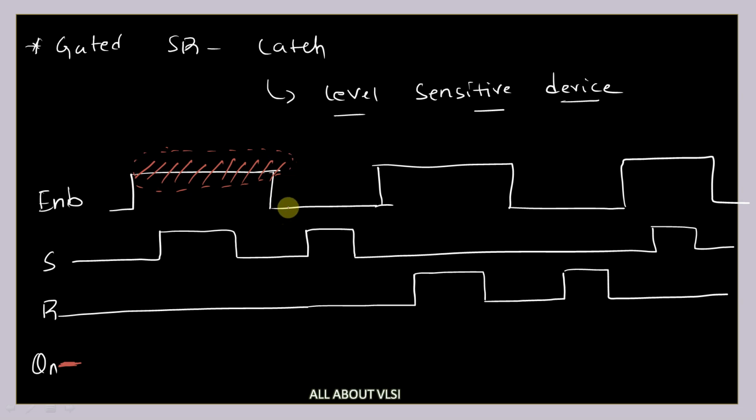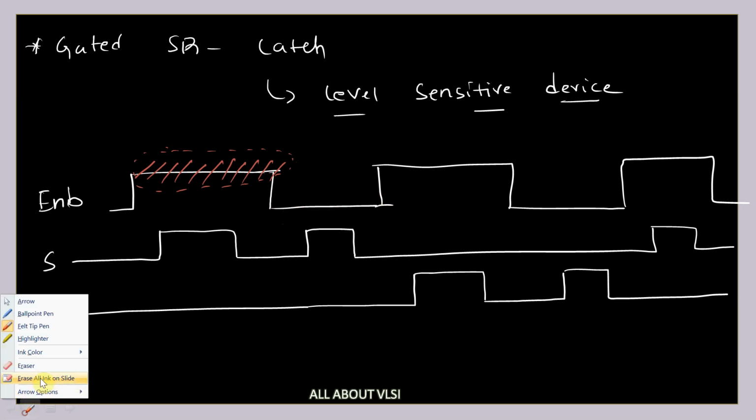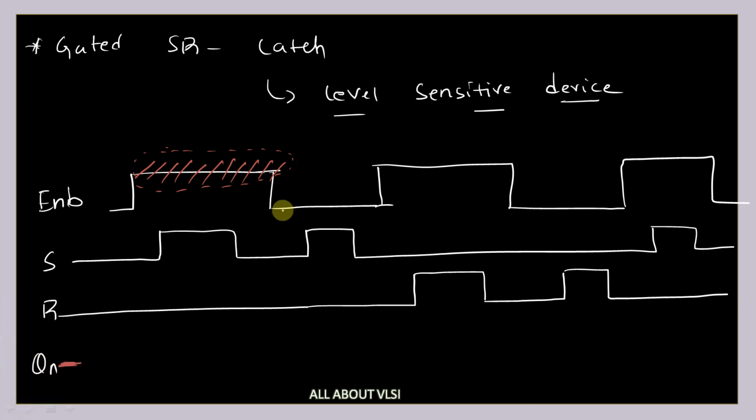And during this negative level or low level, your SR latch is not at all active, and whatever value of S and R you give, it is not going to consider those. So during this entire level your latch will be working, and during this entire level your latch is not going to work.